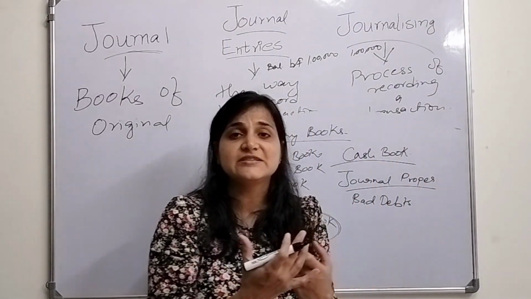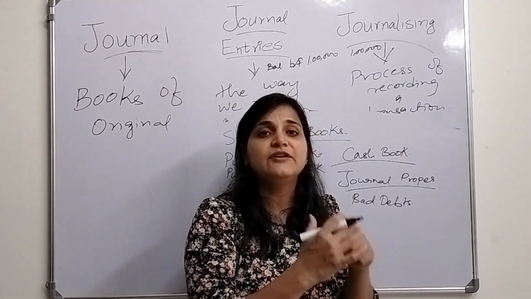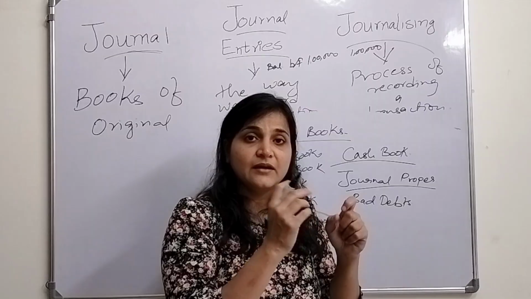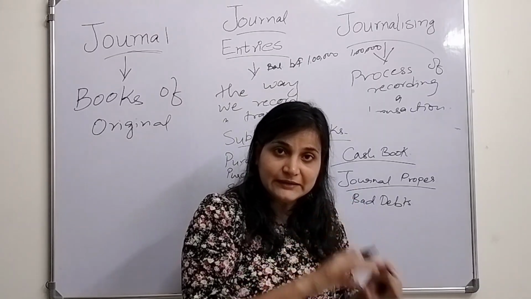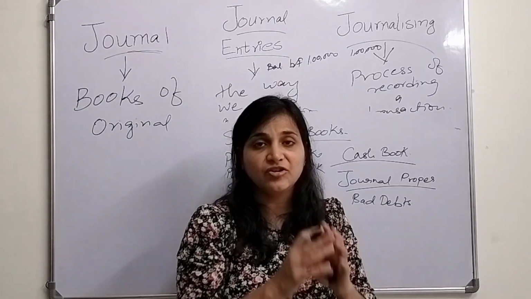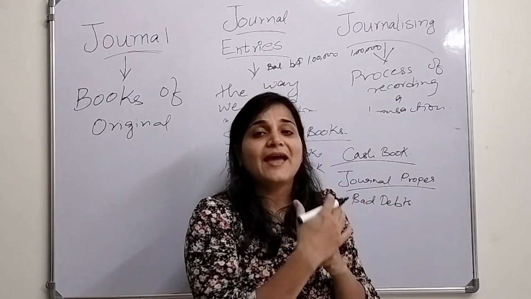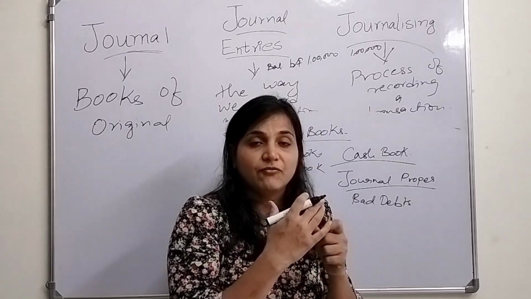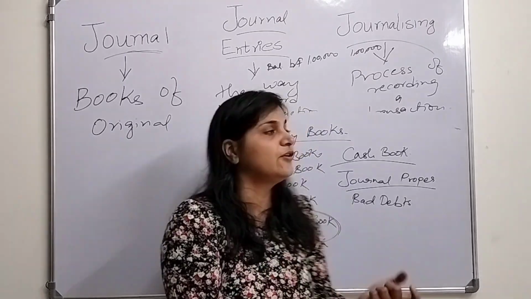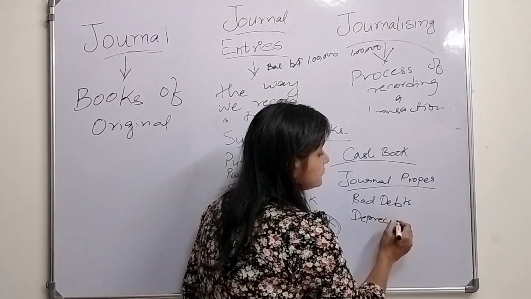Or let's say the depreciation. We have purchased an asset. Now every year the asset is going to get depreciated. We are charging that particular asset expense in that particular year. So we consider it as depreciation, that this particular asset has been depreciated. Now that depreciation amount, that transaction, I will record it in the journal proper.